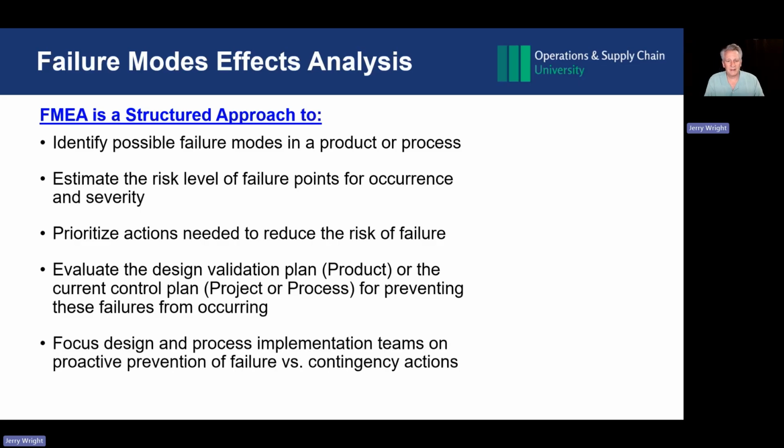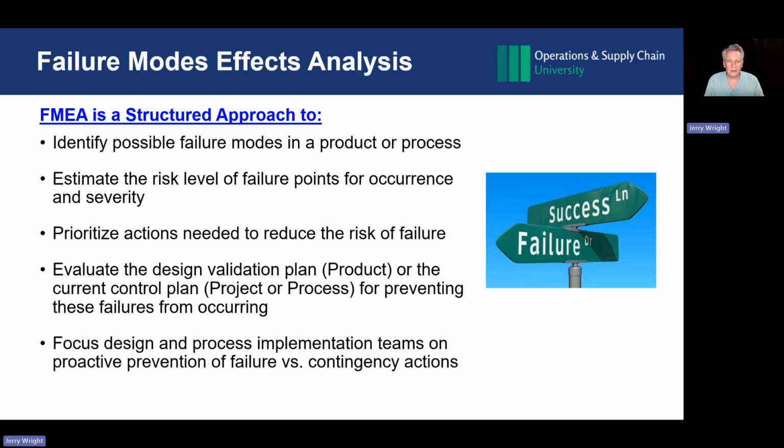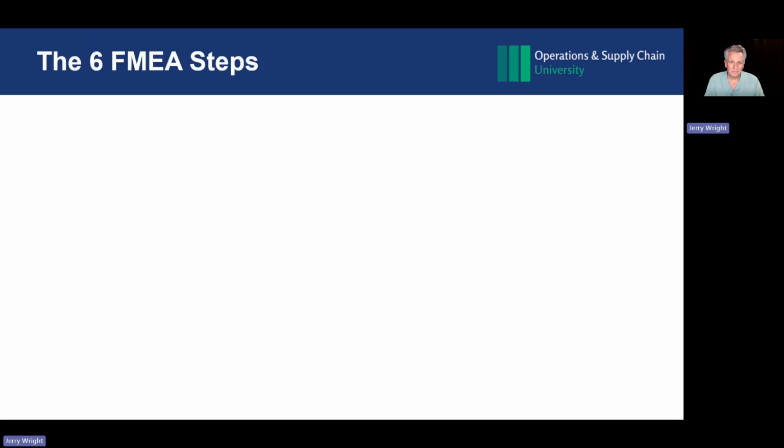We can focus design and process implementation teams on proactive prevention of failure versus contingency actions only. Again, we want to look at ways that we can be successful and avoid failure. Think of it as if I fail to plan, then I'm planning to fail.